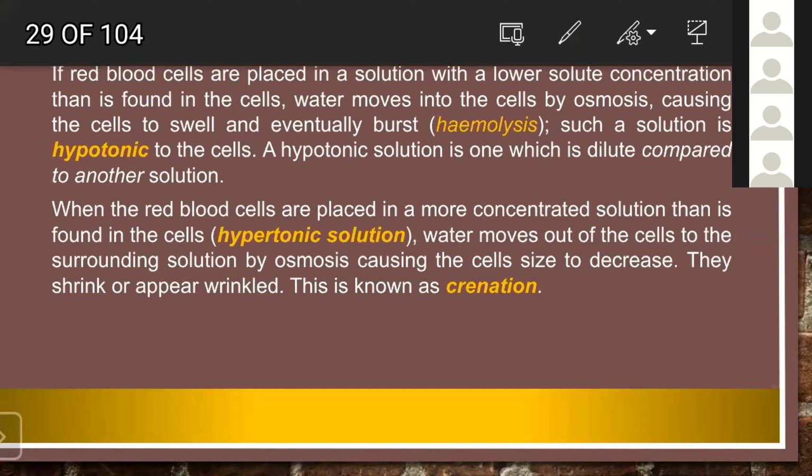True. Meaning that the plasma membrane of the red blood cell can only extend up to a certain point, beyond which it can no longer sustain stretching. So because of that, it will eventually burst.